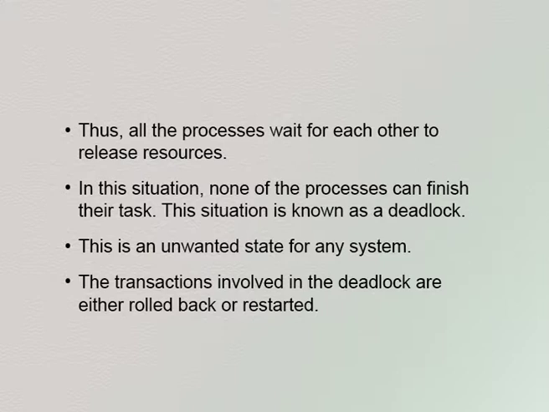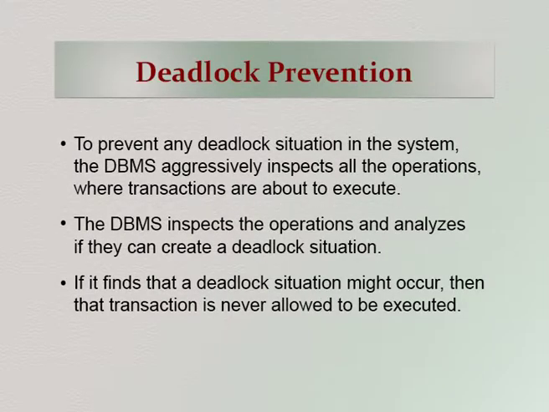Until one of these two operations happens, the situation grows even worse. This particular situation can also be prevented by looking into the pile up, or the kind of sequence that it is maintaining, the transaction sequence, the serial scheduling it is maintaining.